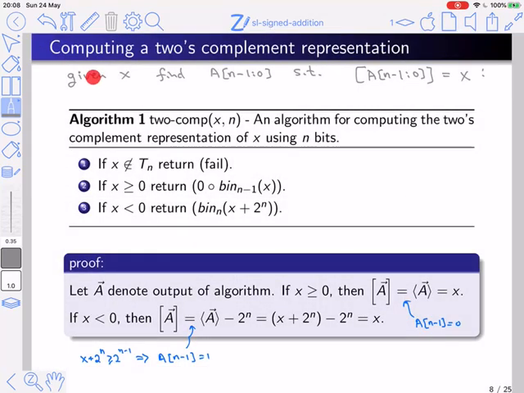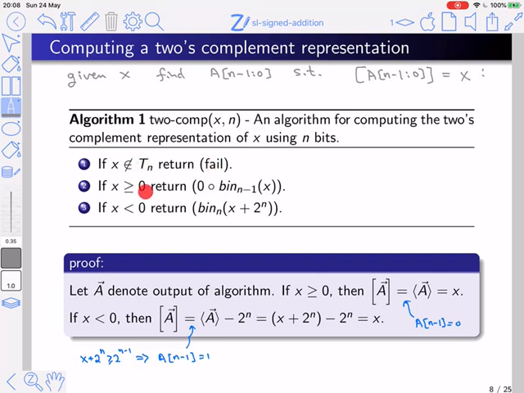Consider the problem that you're given x and you want to find a binary string A of n bits such that the number represented by A in 2's complement representation equals x. So here we present an algorithm that solves this problem. If x is not representable by n bits in 2's complement, then we return fail.